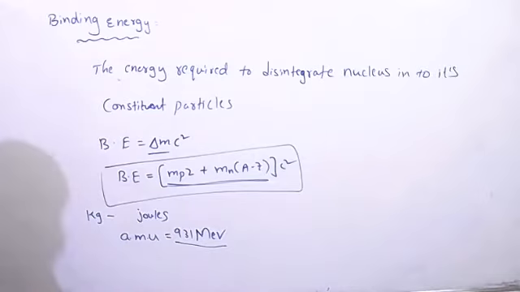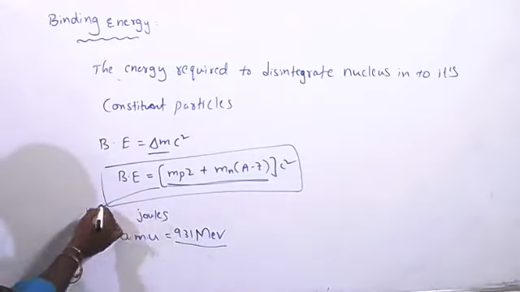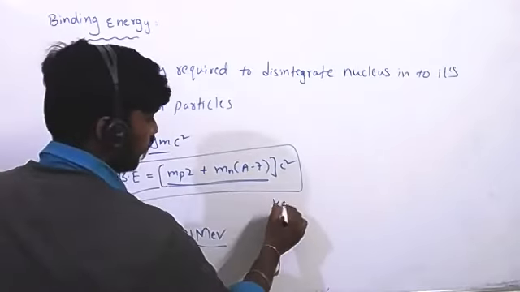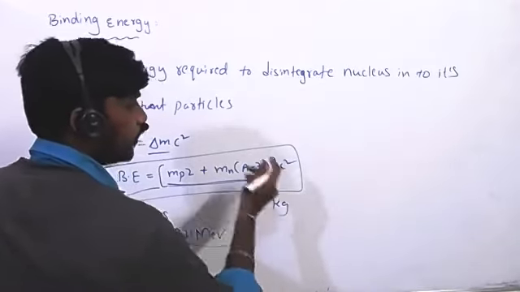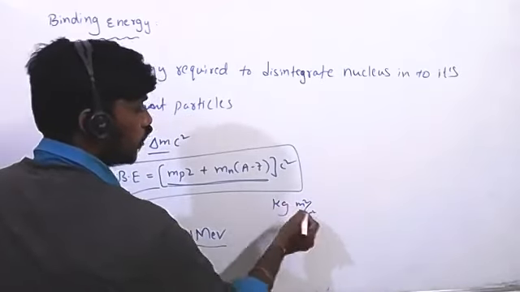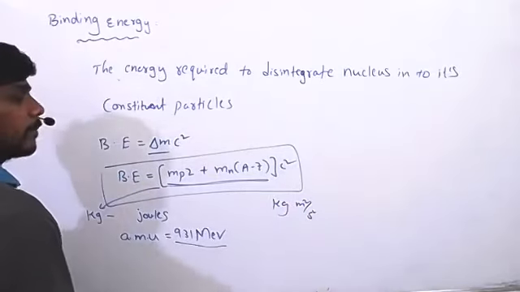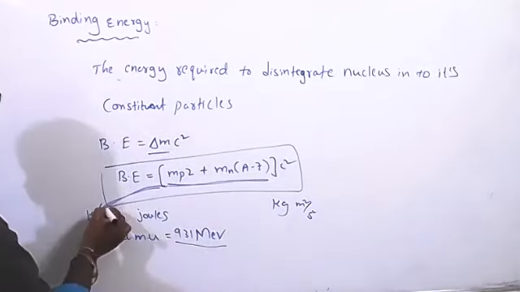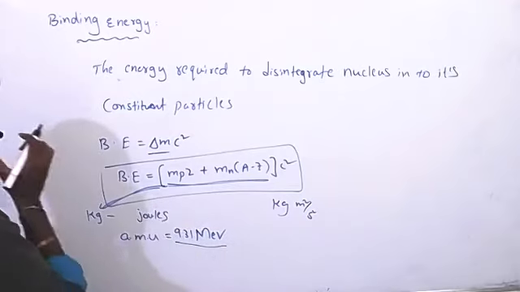So if mass defect is measured in kg, then it is joules, because c is the speed of light, c square, meter square per second square. Kg meter square per second square is nothing but joule. So if mass defect is measured in kg, binding energy is in joules.